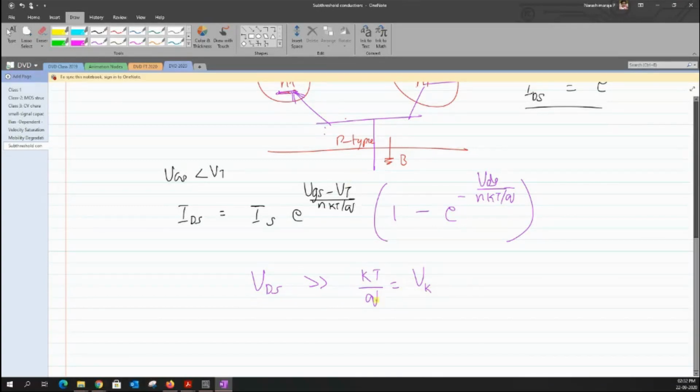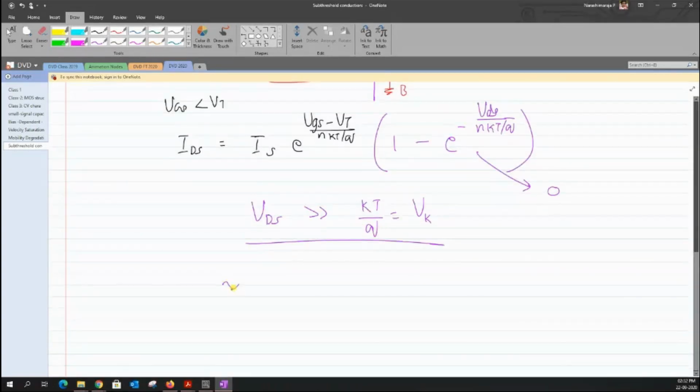If this expression is satisfied, then obviously the e to the power of the most negative term would end up having a value of 0. So in that case, one could approximate this current flow of IDS to be equal to IS into e to the power of (VGS minus VT) divided by n times VK. I've just reduced this expression of kT by q as just VK, and then substituted that notation over here.